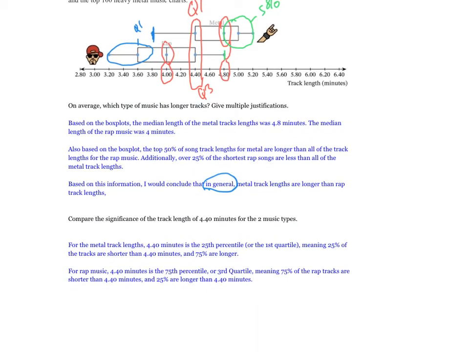So for the metal track lengths, 4.4 minutes is the 25th percentile, or the first quartile, meaning that 25% of the tracks are shorter than 4.4 minutes, and 75% are longer. For the rap music, 4.4 is the 75th percentile, or the 3rd quartile, meaning 75% of the rap tracks are shorter than 4.4 minutes, and 25% are longer.